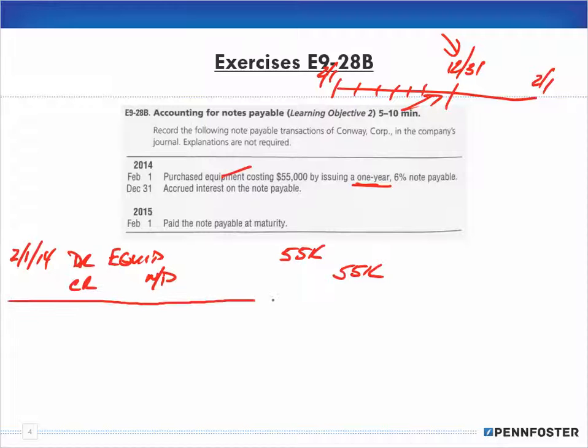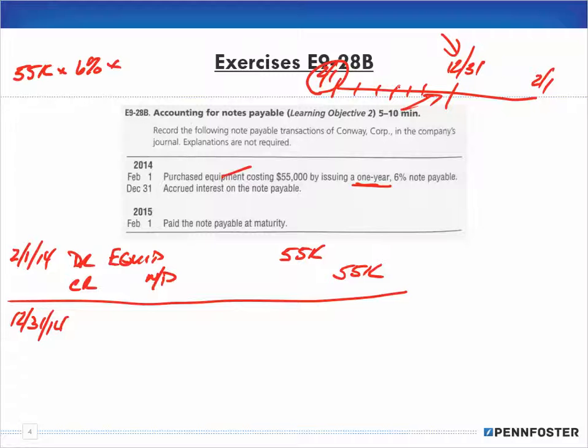Okay, that's that entry. So on December 31st, 2014, I have to accrue the interest on the note payable. If it's a $55,000 note times 6%, I'm looking at a total of 11 periods. Remember, this is February 1st.